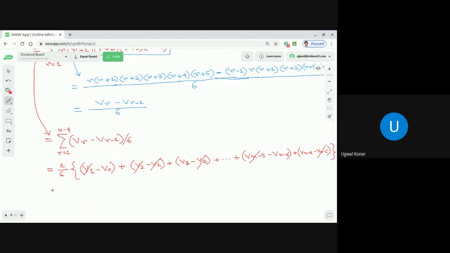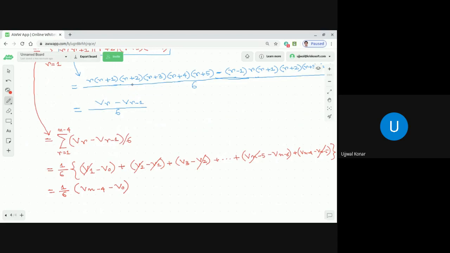Ultimately, what we'll end up with? We'll end up with 1 by 6 into Vn minus 4 minus V0. Correct, dear students? Now, what is Vn minus 4? Just Vr. And Vr is what?